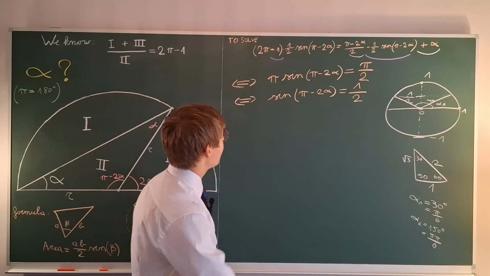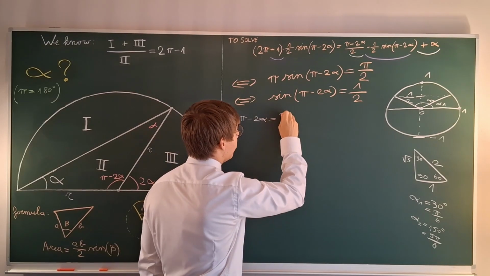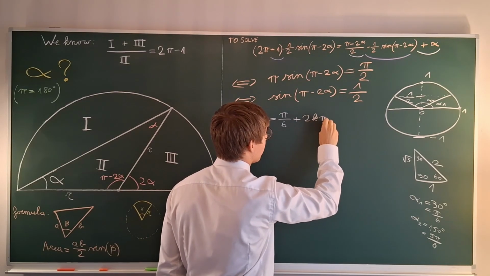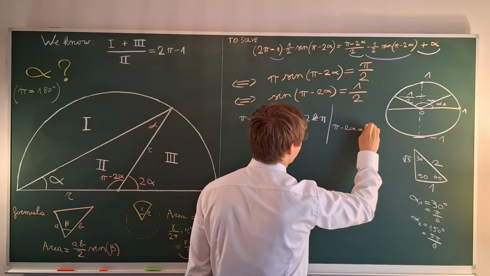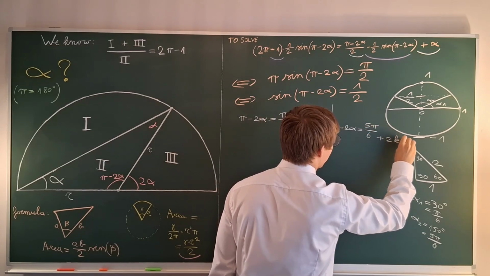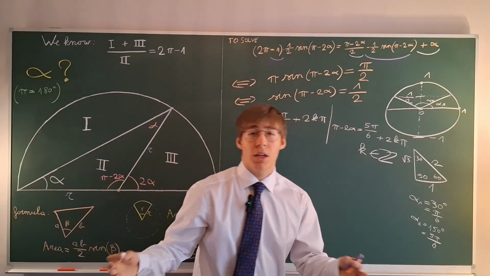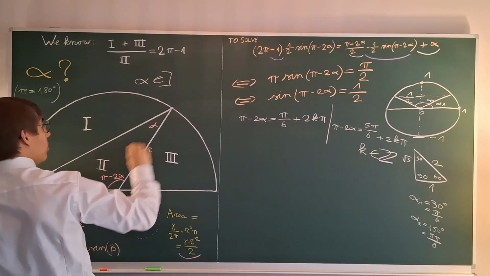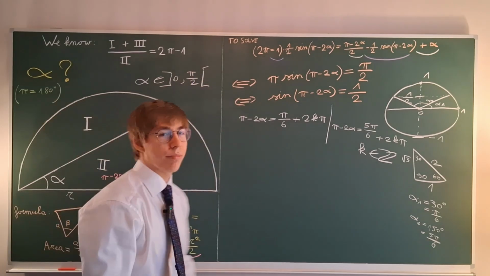So now we can solve our equation. We know that pi minus 2 alpha is either pi over 6 plus 2k pi, or pi minus 2 alpha is equal to 5 pi over 6 plus 2k pi for some k in Z. But notice that alpha should be between 0 radians and pi over 2 radians in our problem.